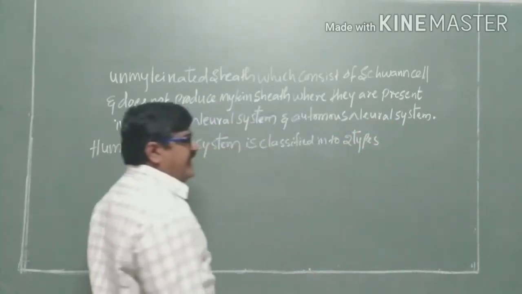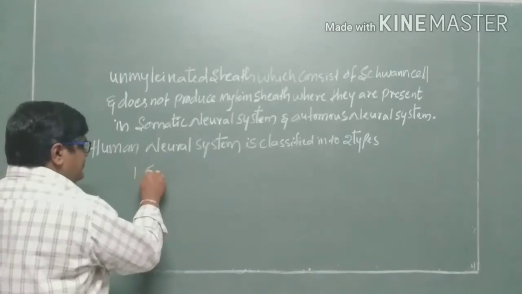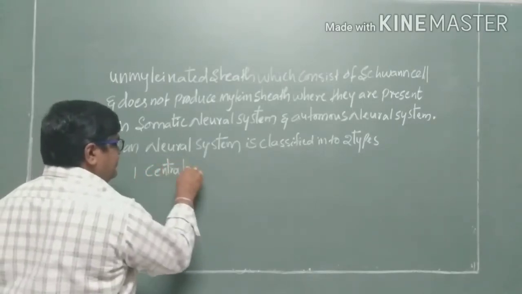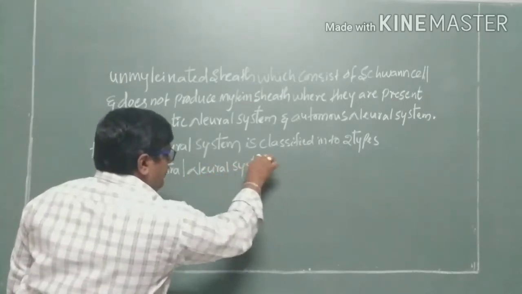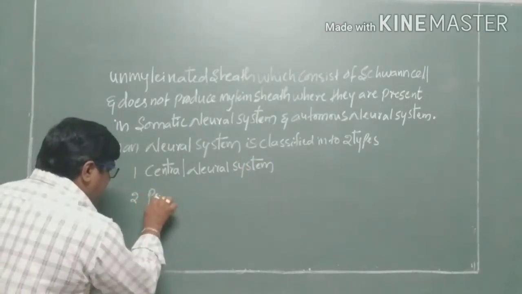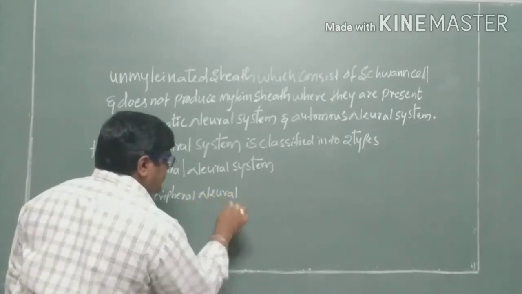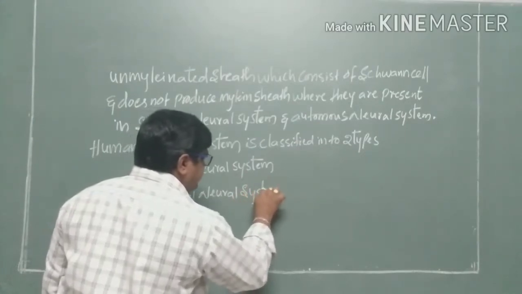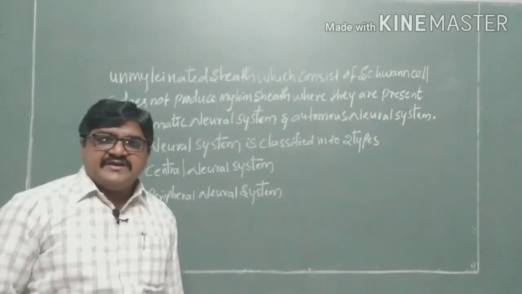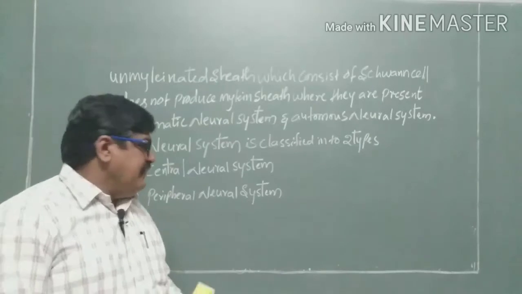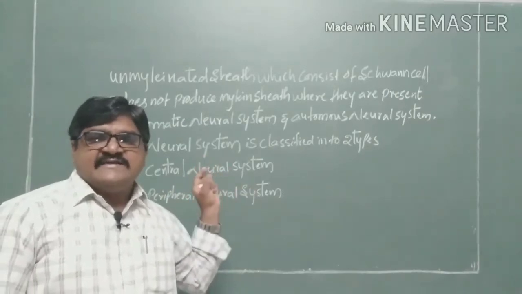One is the central nervous system, and the second one is the peripheral nervous system. These are the two types of neural systems present in our human neural system.